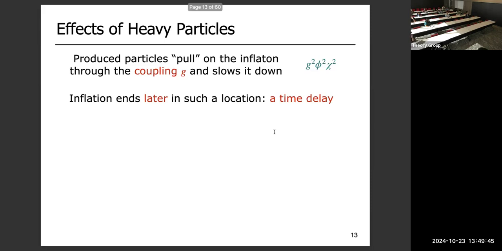So what that ends up doing is that it sort of mediates a force between the heavy field and the inflaton. And you can imagine the heavy fields being pretty heavy, almost like classical particles that just coast along as the universe expands.